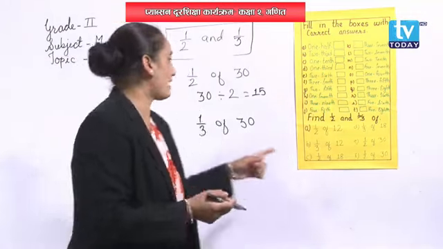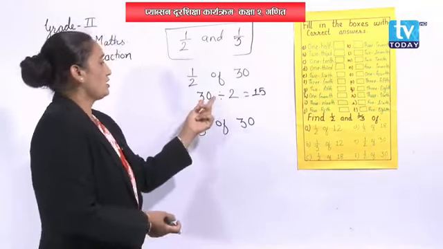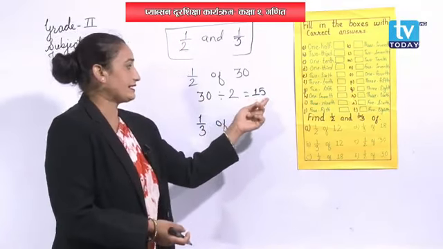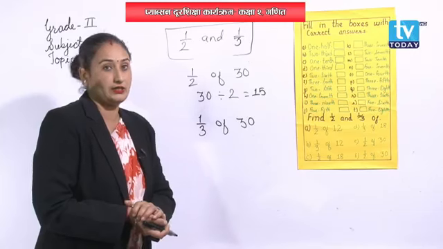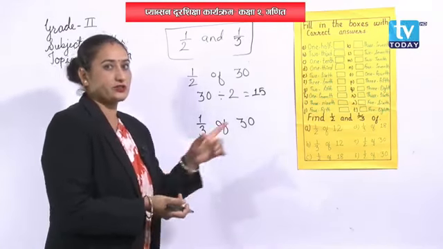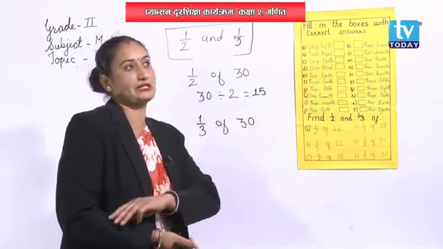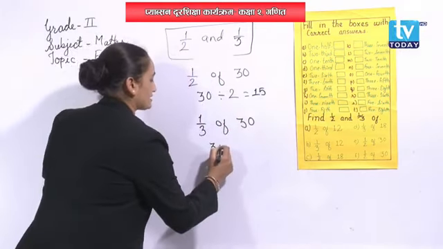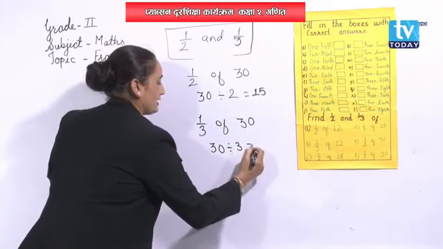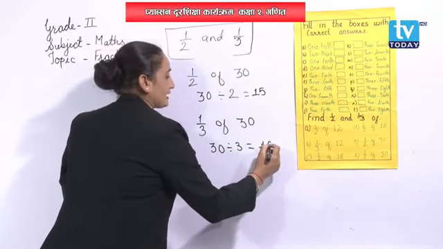See, 2 groups are getting 15 each. If you want to divide 30 into 3 groups, then will they get more or less? Have a look. When 30 is divided into 3 groups, each group will get 10.